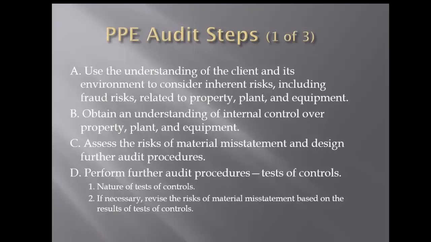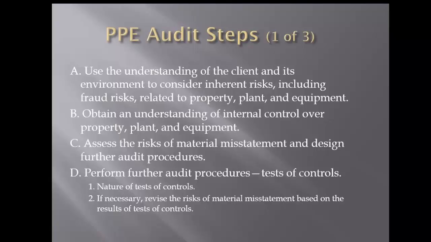So we understand inherent risk, primarily focusing on this understanding of the environment. We obtain an understanding of internal controls, so we are understanding the control risk. Based upon the inherent and the control risk, we assess the risk of material misstatement and design further audit procedures.